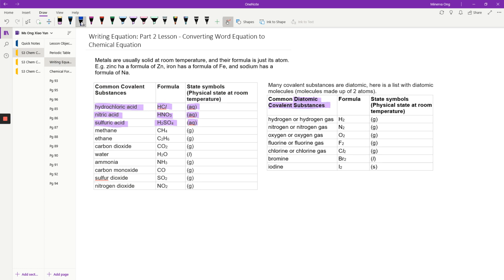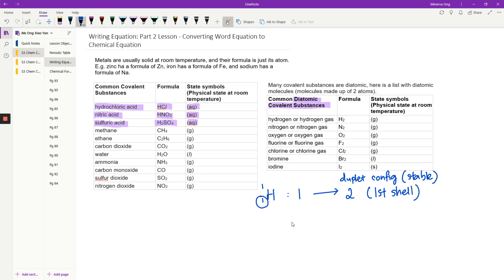So say for example hydrogen. The atom has 1 electron. In order to make it a duplet configuration, which is that of the noble gas, we say it's stable, we will need to have 2 electrons in the first shell.